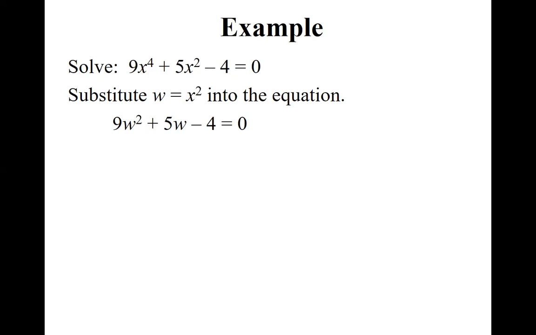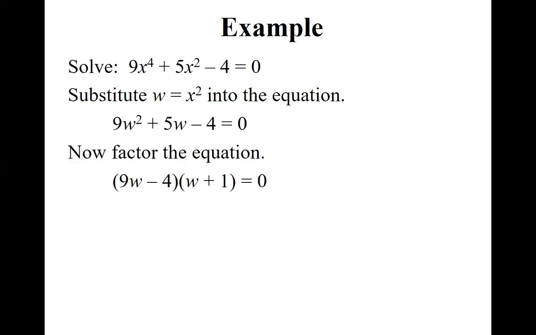So rewrite the 5w as 9w minus 4w, factor by grouping, and we get 9w minus 4 times w plus 1. I leave the factoring as an exercise if you didn't follow along with what I was saying. I also skipped all the important last steps.